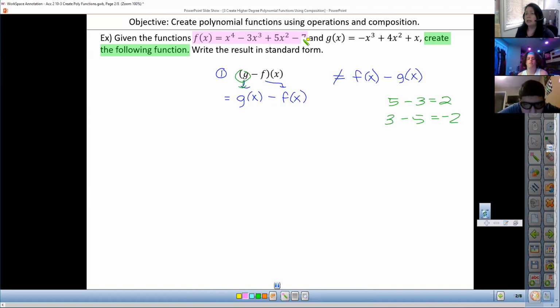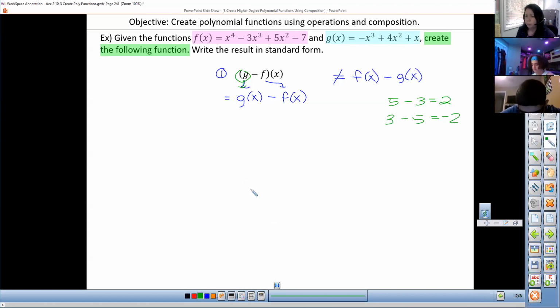Highlighting makes your eyes see all of it more easily, and you're less likely to lose that last term. And then we also have our g of x function here, which ends at the plus x. So when I set up this problem, I want to make sure that I put that g of x function, which is these three terms, first.